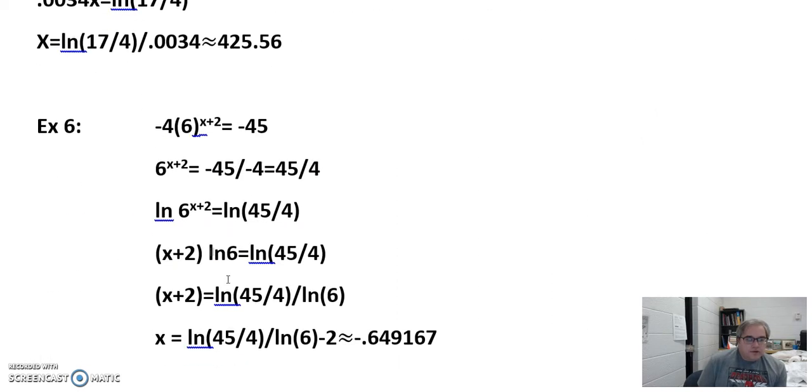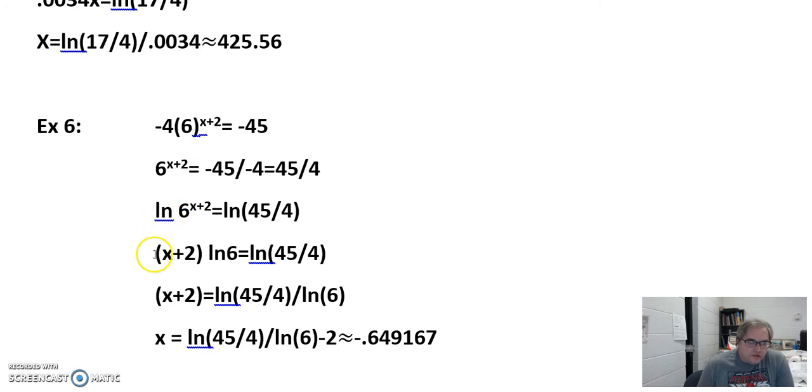Okay, here's another example. Negative 4 times the quantity 6 to the x plus 2 equals negative 45. Safety tip, I can't multiply these two quantities because this 6 is to an exponent. So I'm going to divide by negative 4. One thing I would do is negative is a positive, so I drop my negatives here. I do the ln.